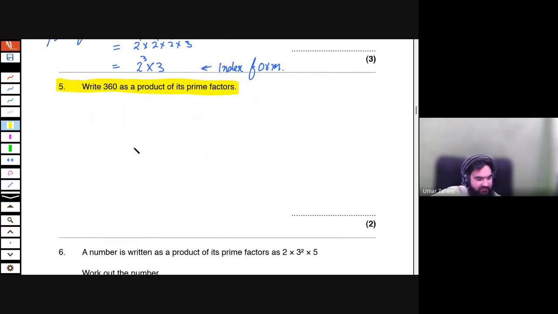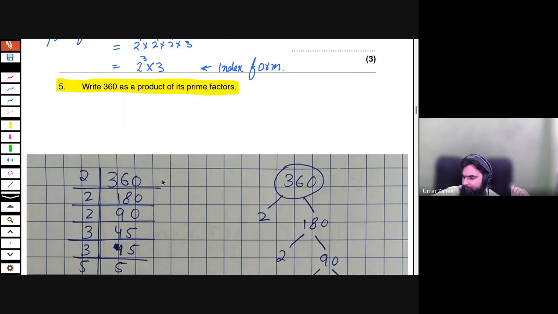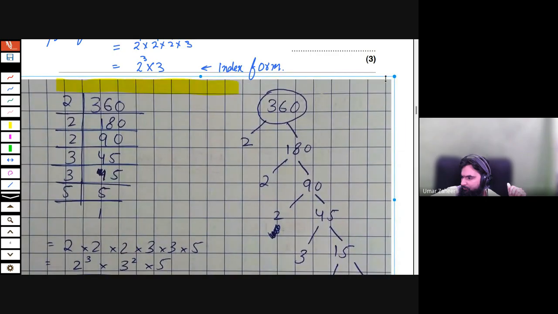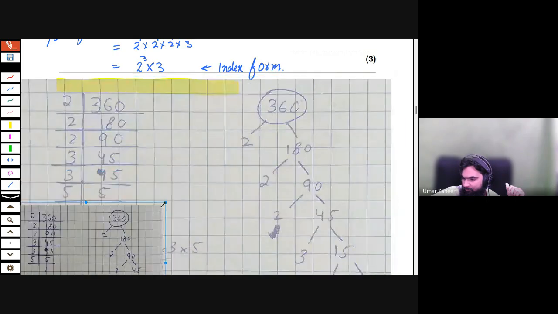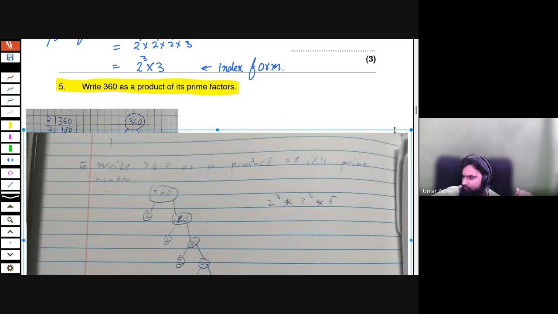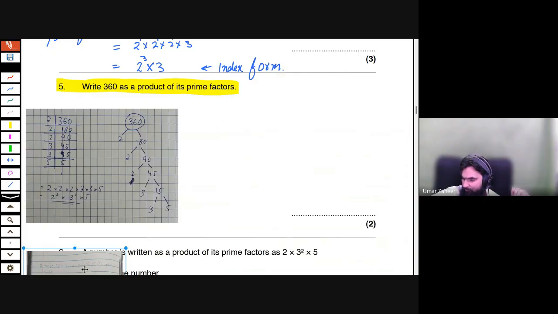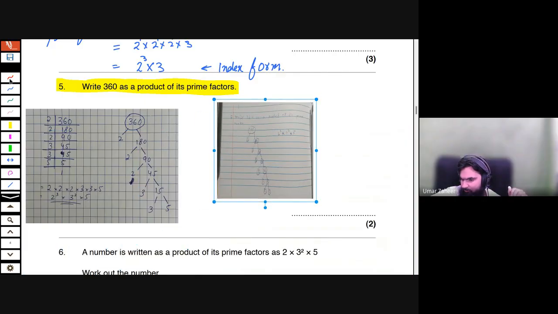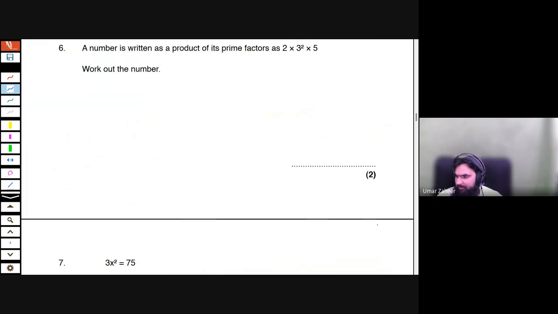All right. I see the picture. Yeah, that's it.